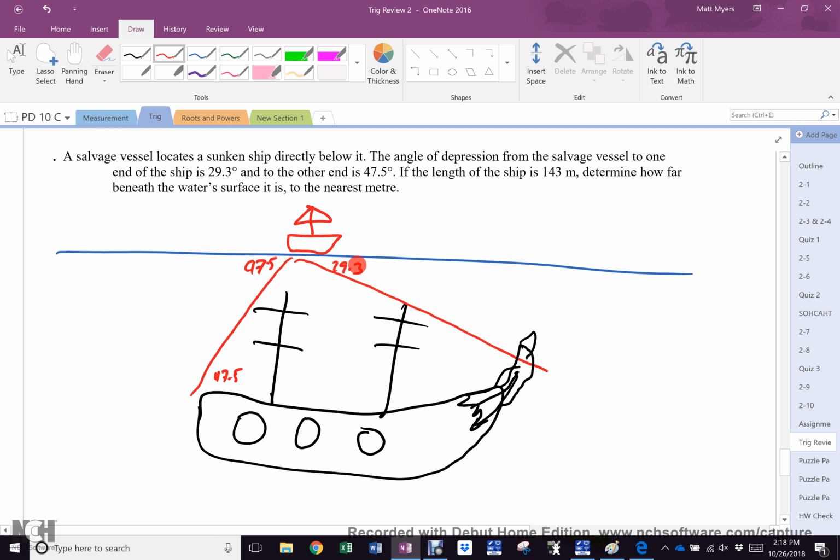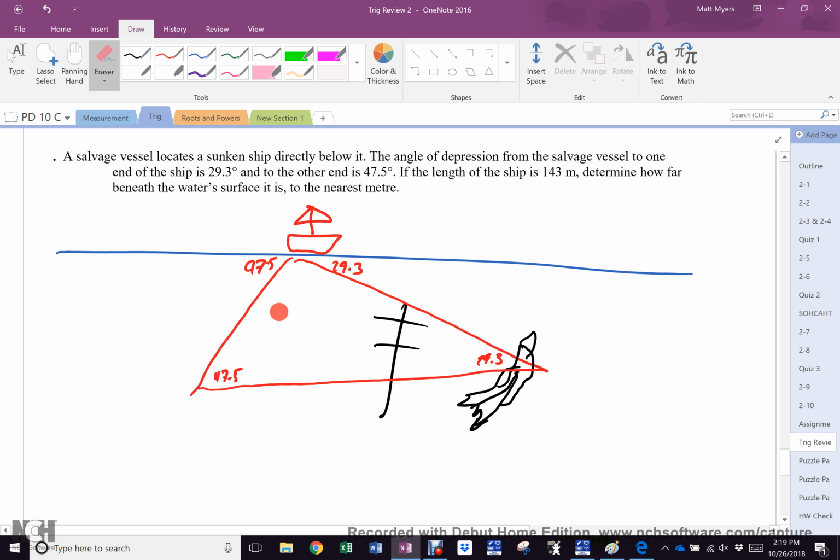If this is 29.3, what's this? 29.3. If the length of the ship is 143, where's the length of the ship? Right there. Whoa, it's a triangle. This is 143, right?